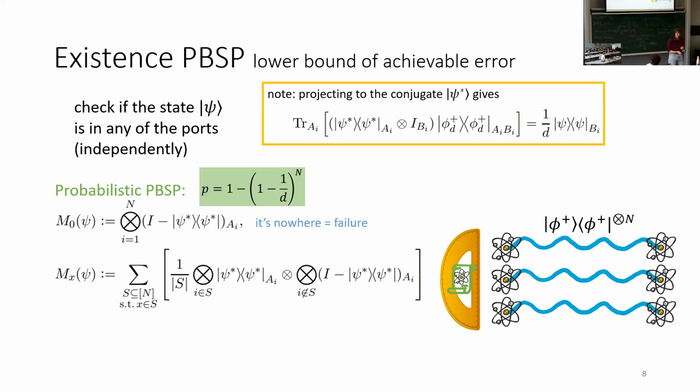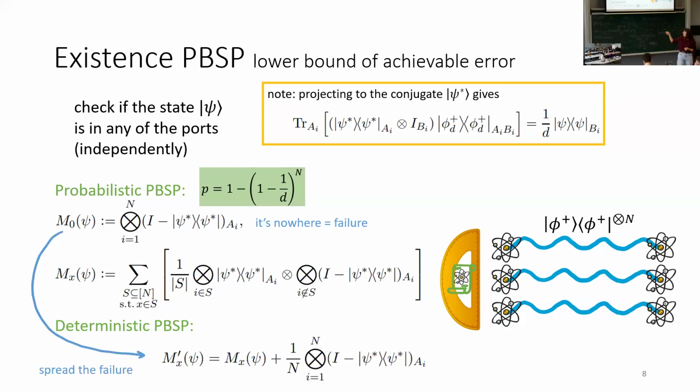Okay, and then the deterministic variant of this is just that we now don't have the probability of failing, but we spread this probability of failing evenly among all the ports. You take the previous measurement and spread the failure probability, and you get a measurement that gives you some fidelity.